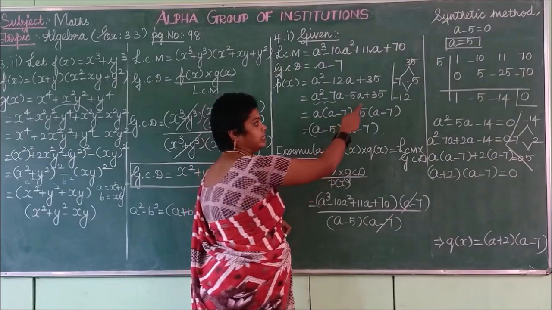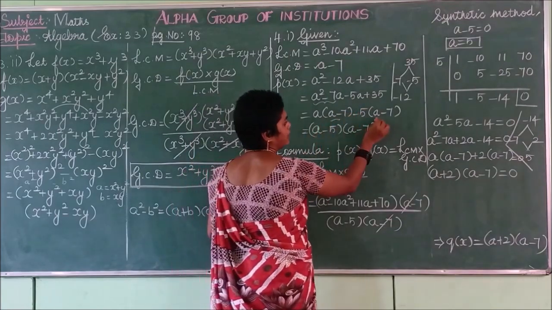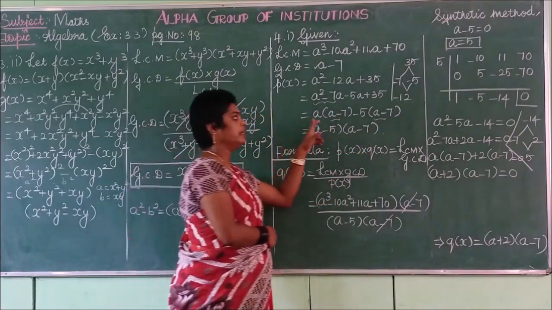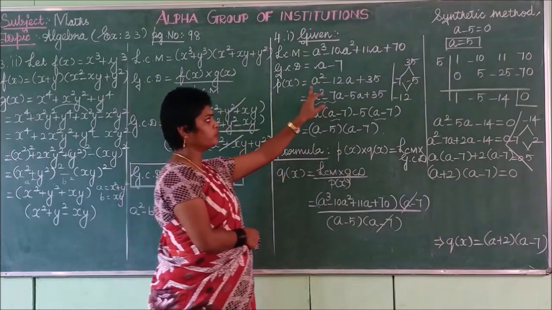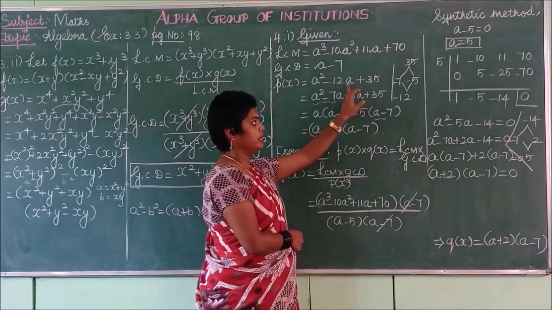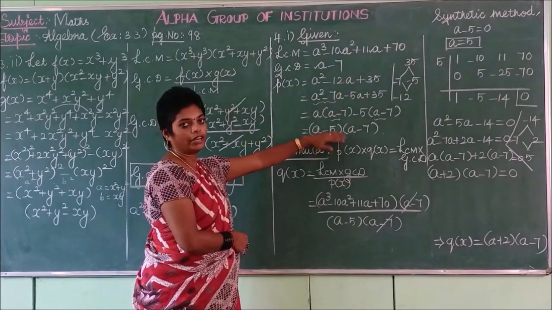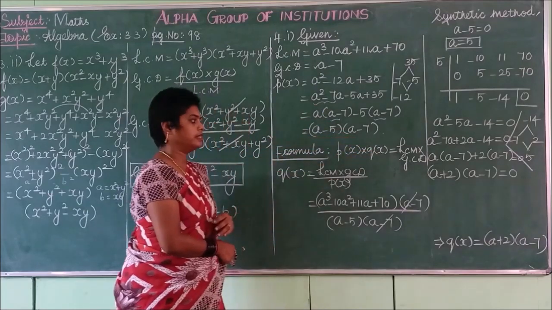What are the remaining terms? A minus 7. So look, both contain a minus 7. So you can take a minus 7 as common. So the remaining term is a minus 5. So P of x, which is equal to a square minus 12a plus 35, has the factors a minus 5 into a minus 7.